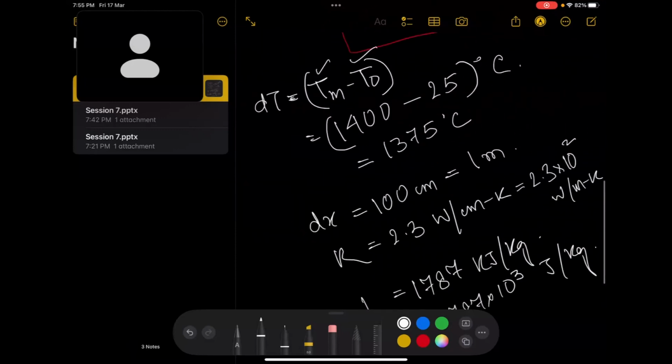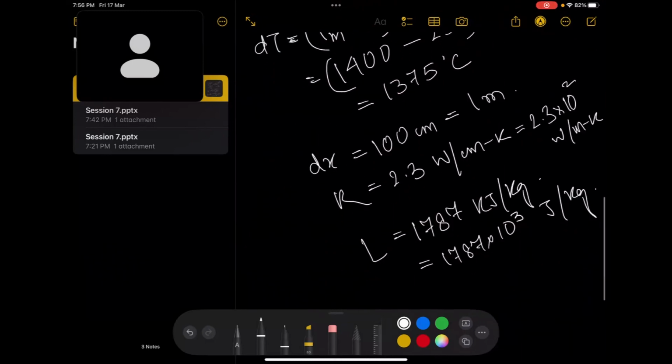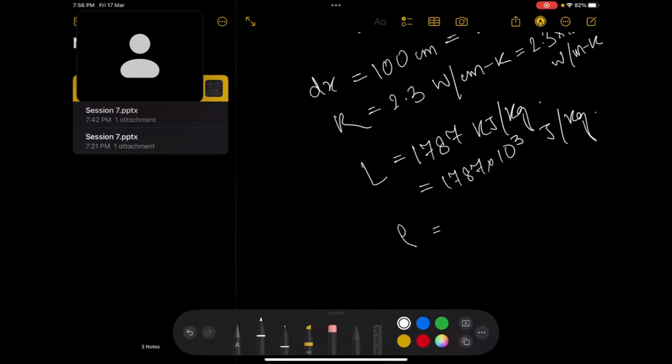So what else do we need? We have got dT, we have got dx, we have got k, we have got L, we also need rho, right? So rho is given as 2.33 gram per centimeter cube.